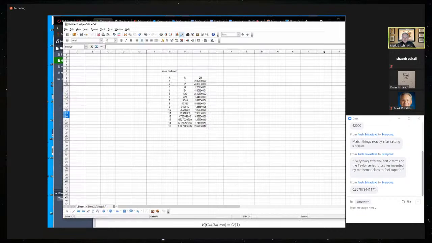Because you can see how, I mean, this is a trillion. If you were to take the log of that, maybe I should be using the natural log.